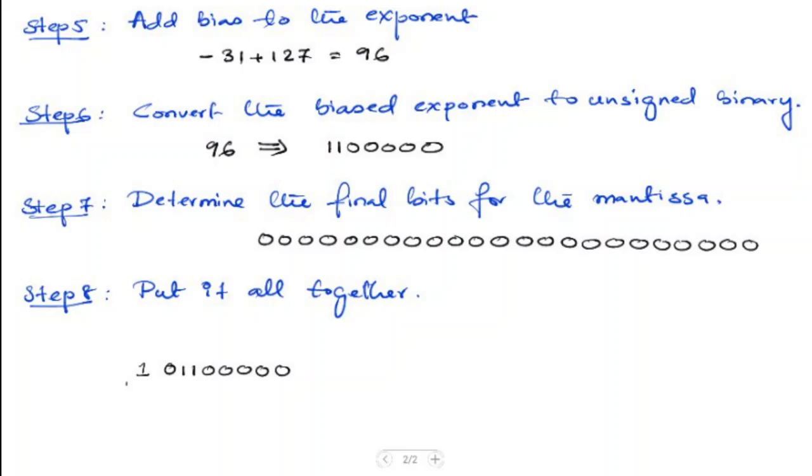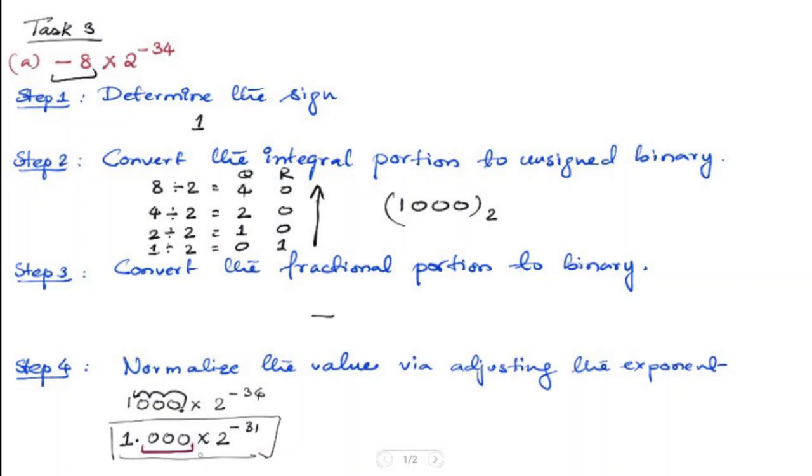So that's the single bit for the sign, then the 8 bits for the exponent, and then the 23 bits for the Mantissa, which is all zeros, because after the 1 we have only zeros, so I have filled all 23 positions with zeros.